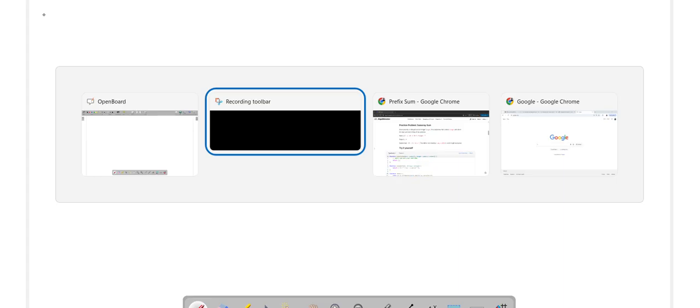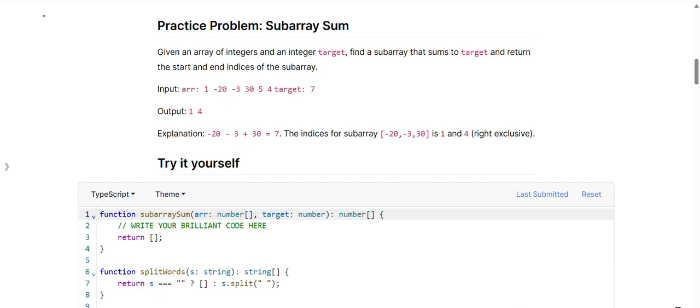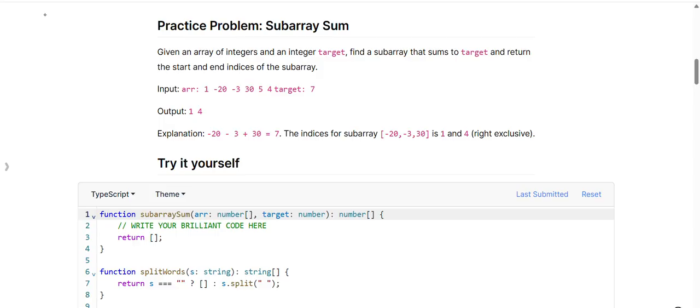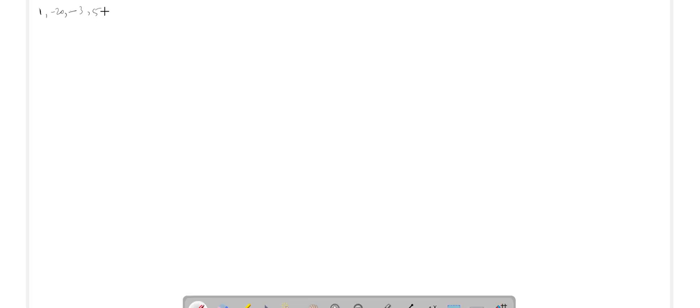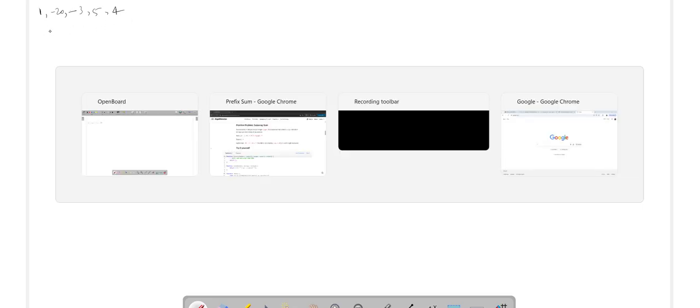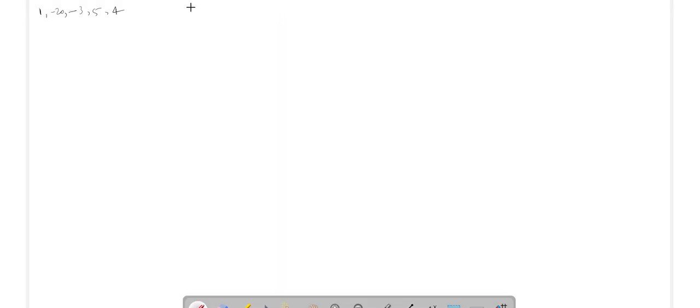Okay, so we have 1, 20, and then minus 3, 5, 4 is the array that we have, and then okay, I'll write this.